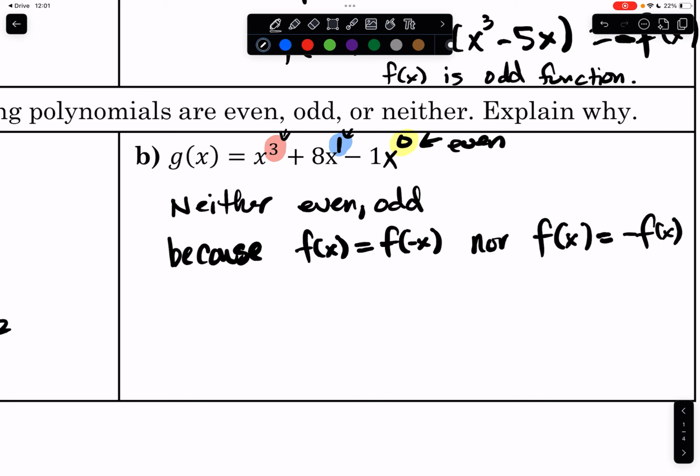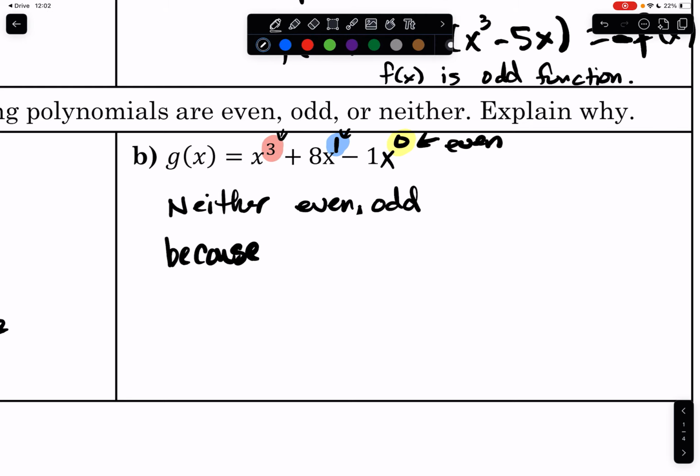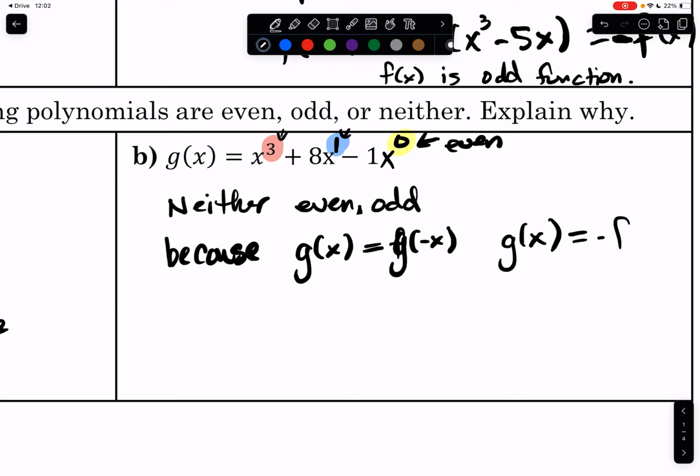So this is the reason why. Now let me prove it, okay? And, well, it should be g. Sorry about that. I'm just noticing that I'm calling this g, so it could just match up again to what we originally called it. So g of x does not equal g of negative x, nor does g of x equal the opposite of the original one.